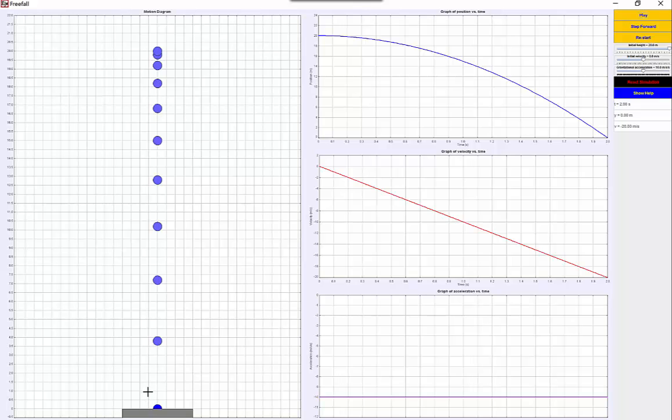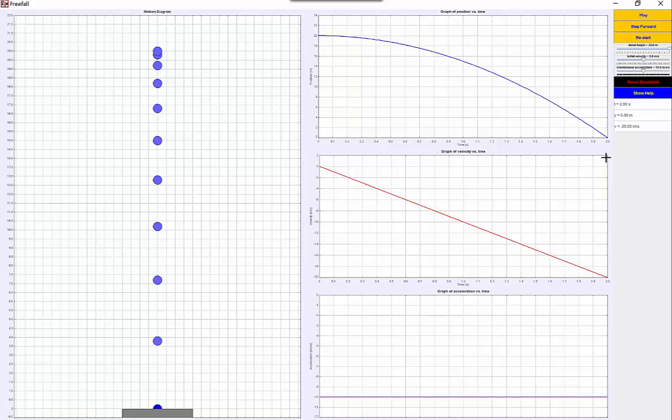If we look at our graphs, we notice a few things. Number one, position versus time is a part of a parabola. So the slope increases in the negative direction as time goes on. Velocity versus time is a straight diagonal line. The reason for this is because this is free fall.